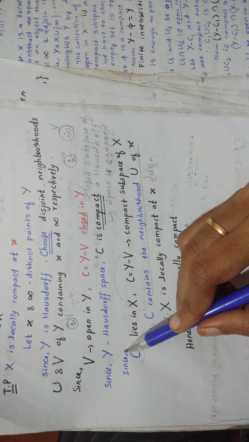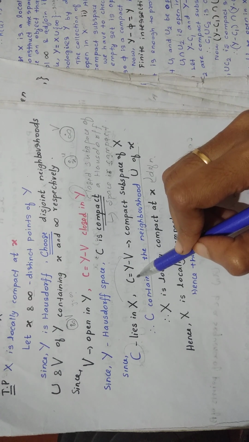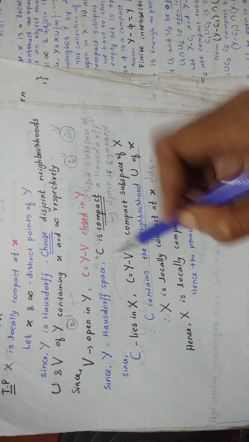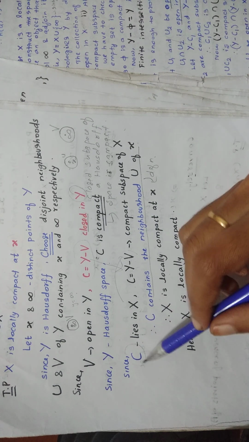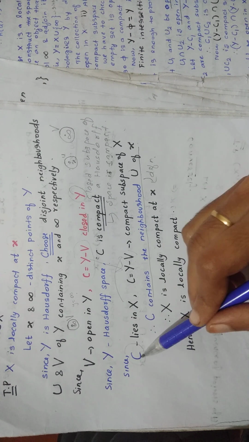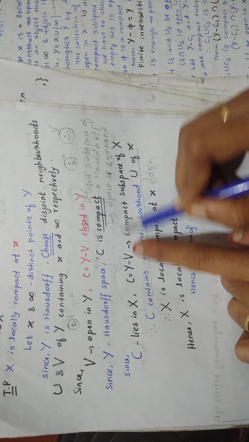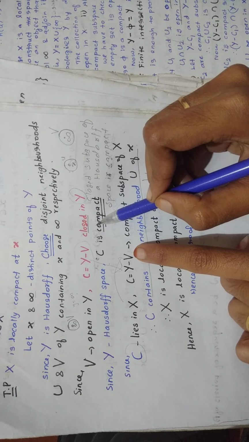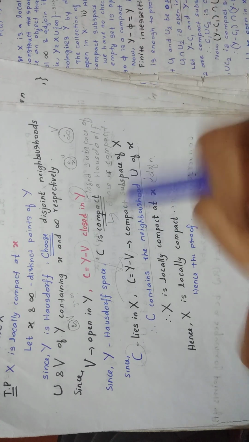C is compact. Therefore, you can say C is a compact subspace of X. The value of C is Y minus V. Easy, nothing here to be confused about. C lies in X, it means C is a subspace of X. Is that clear? Now compact: in the above line, you said C is compact. So you are attaching all these things and writing them in one sentence.